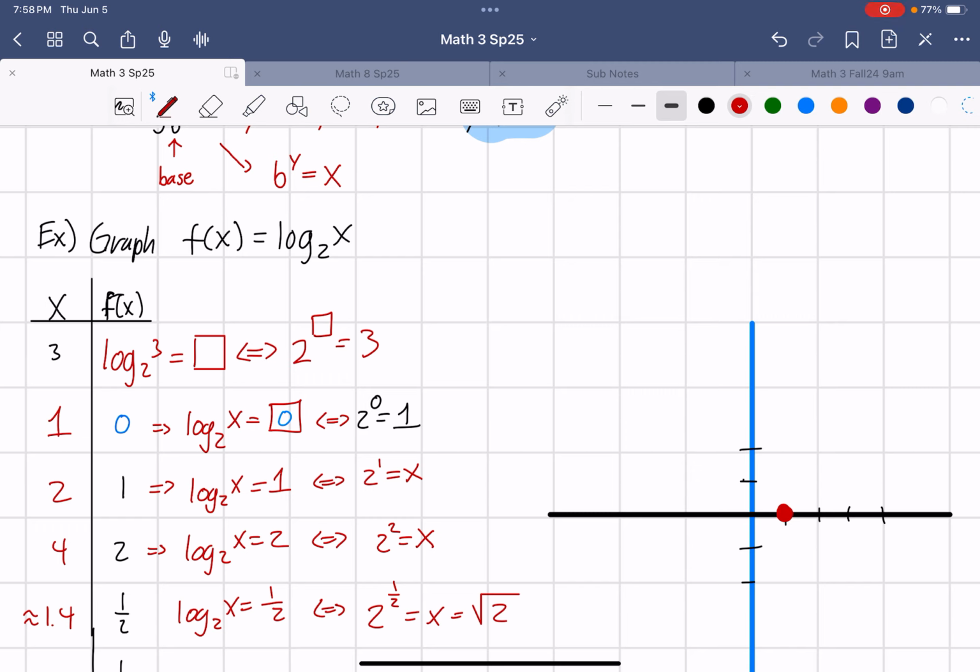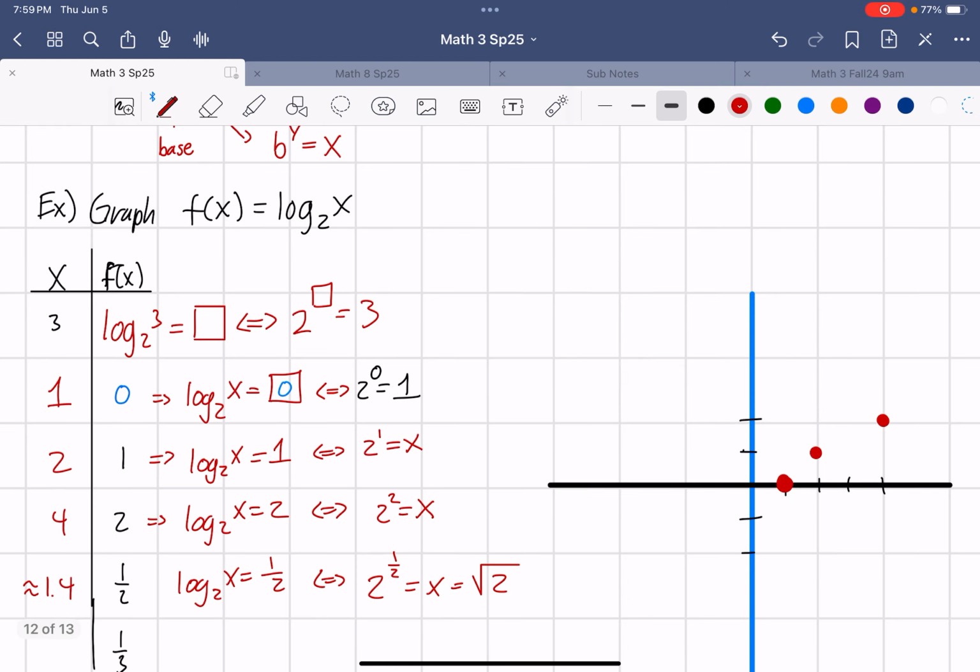Again, that was the point that for the exponential was at 0, 1. This one's at 1, 0. Then we have 2 and 1. When x is 2, y is 1. And then at 4, we have 2.